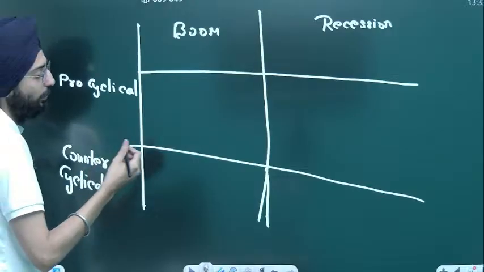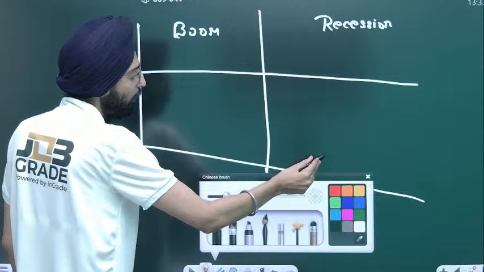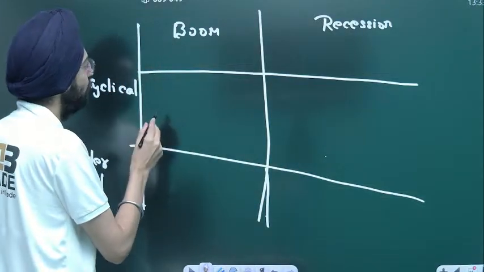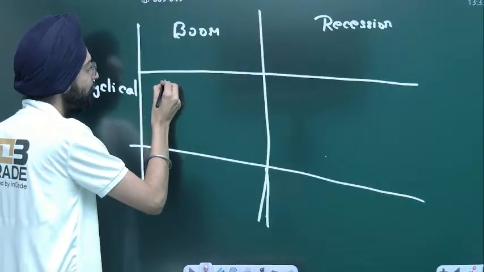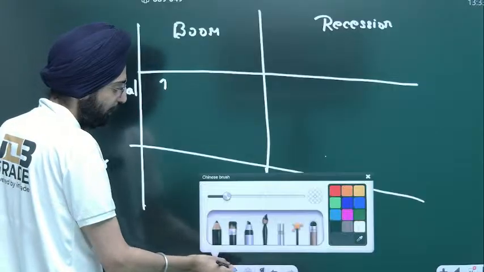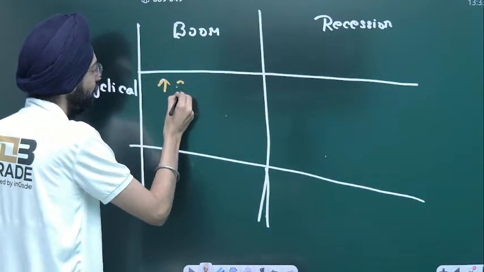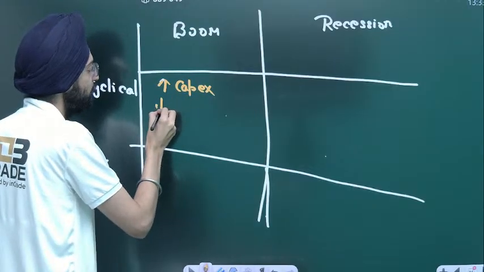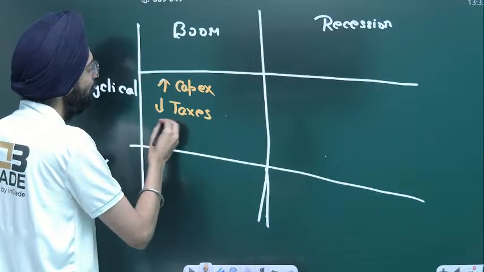For example, if the economy is going through a boom or bullish period, performing absolutely well, and there has been great inflation, what is procyclical? It's to go with the flow. In a boom, it will increase capex, that is capital expenditure, and reduce taxes. Pro means going with the flow.